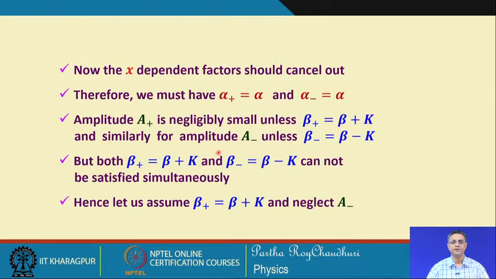We will see when we look at the vector configurations of these beta and k, in terms of the components of the propagation vectors along the z direction, that both the conditions are not possible to be satisfied simultaneously. Hence, let us first consider one case, that is one of them will be satisfied, that is beta plus equal to beta plus k, and in that case we will neglect A 0, as if this minus order diffraction is not happening, only plus order diffraction is taking place.